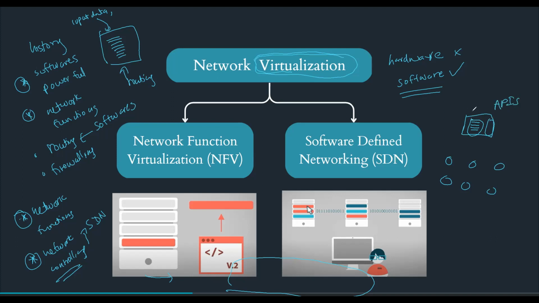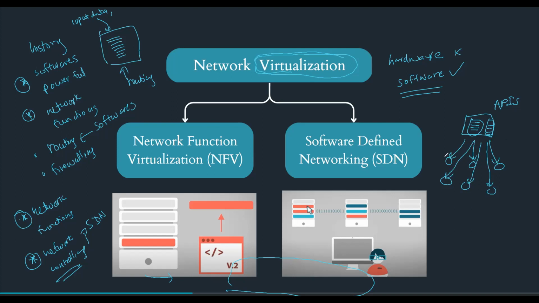Once we have the correct software and APIs we need, we can deploy this SDN controller, and this SDN controller is able to identify the situation or have a global idea about all of the nodes to which it is connected. So the controller is connected to each of the routers or the switches that are there in the network.